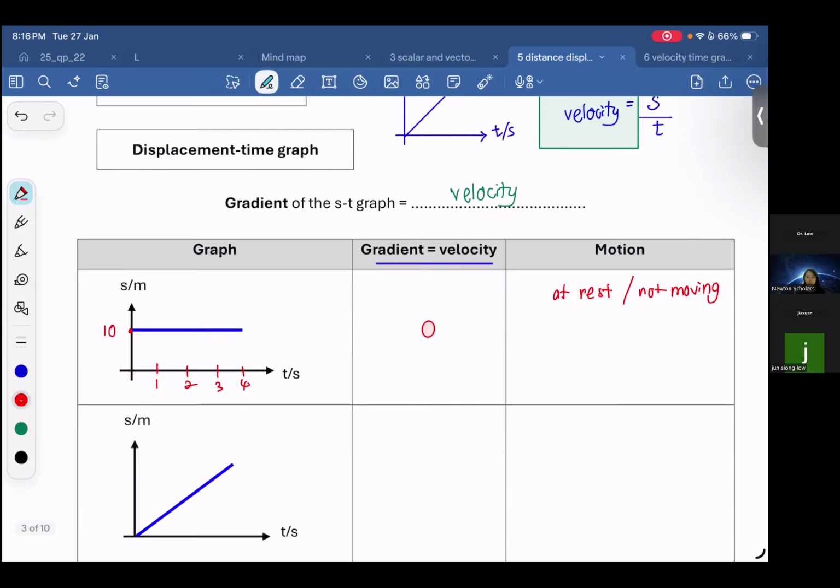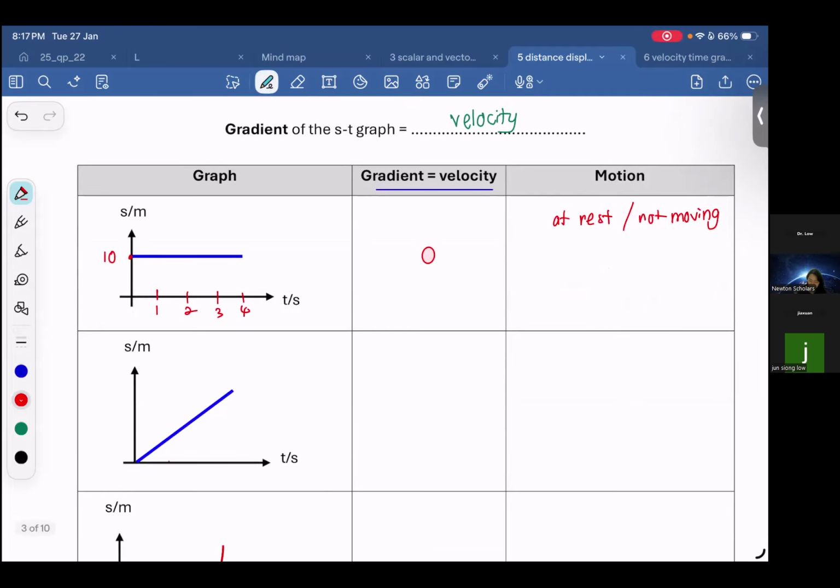Okay, so we look at the second graph here, 1 second, 2 second, 3 second. The distance from zero becomes 1, 2, 3. Here, gradient from the graph. If you're finding your gradient, you draw a triangle. You will find that no matter where you put your triangle, if you slightly move and change the position, up or down a bit, the gradient that you get will be a constant value.